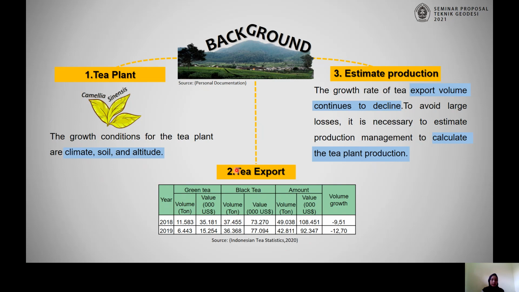As you can see on this table, in 2018, the export volume was 49,038 tons, and there was another decline in 2019 of 42,811 tons. The growth rate of the export volume will continue to decline. To avoid slight losses, it is necessary to estimate production management.